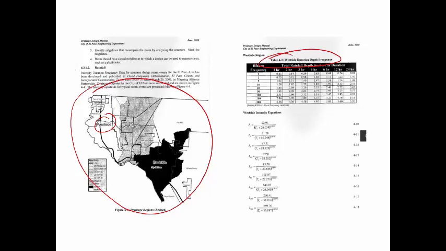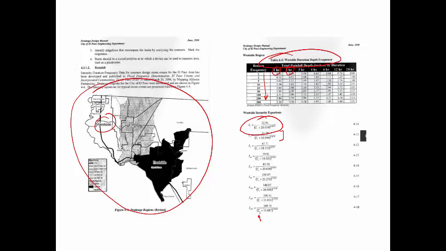It gives you the depth, and you have 1 to 500, 1 hour, 2 hour, just like FEMA does, okay? But then the intensity equations are here, and you have to use them depending on the duration of the storm. We'll do some examples later on about this.